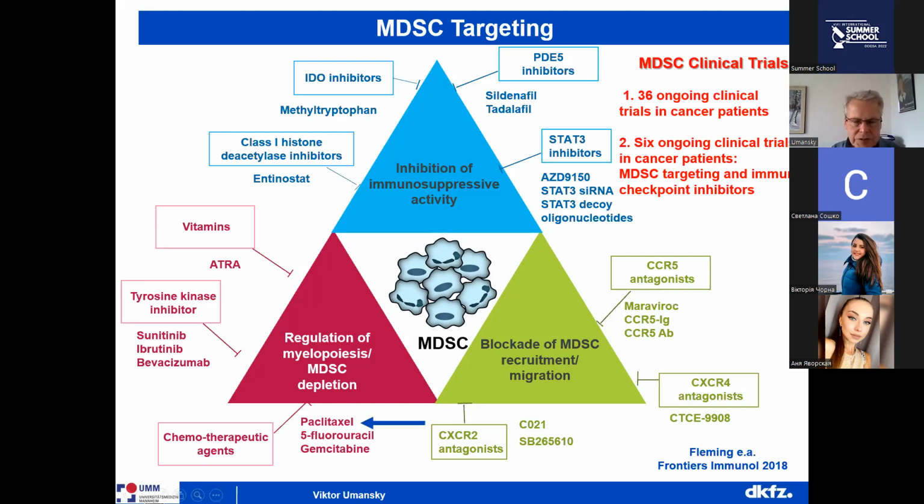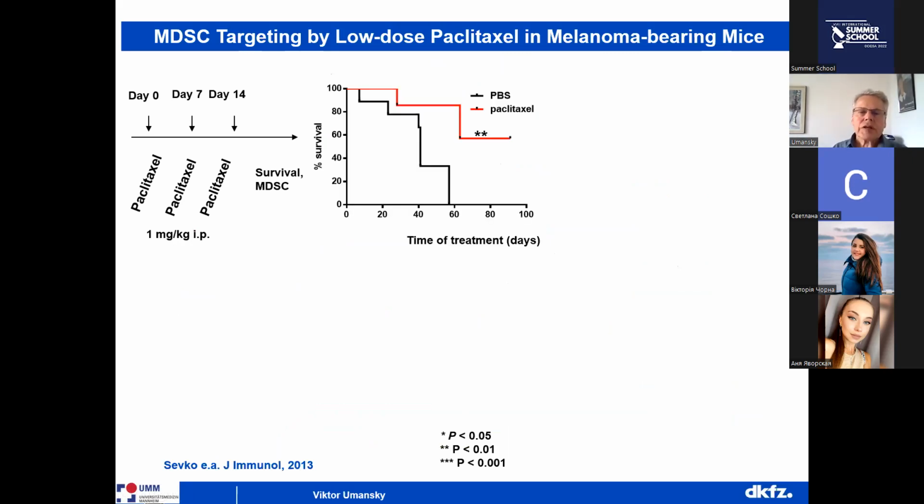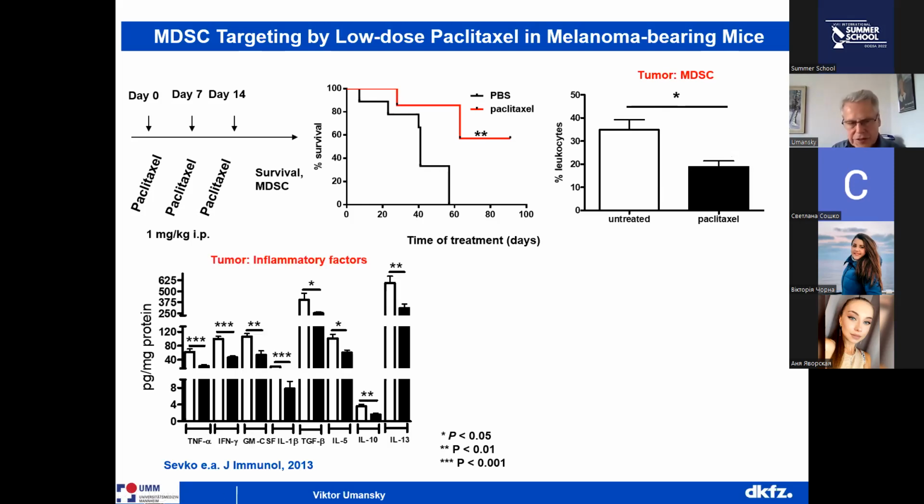Now we start with the first example, how we can deplete MDSC. We used an ultra-low dose of the chemotherapeutic paclitaxel. We injected mice with 1 milligram per kilogram, and we found a strong increase of mouse survival, which is characterized by a strong decrease in the amount of MDSC in the tumor and a decrease in the production of tumor inflammatory factors in the tumor.